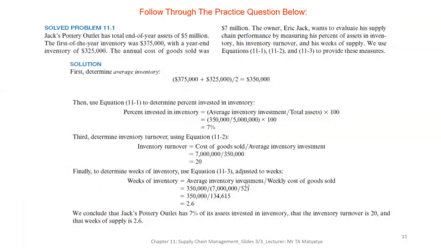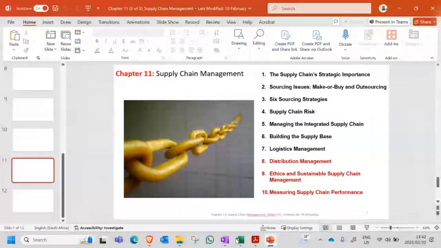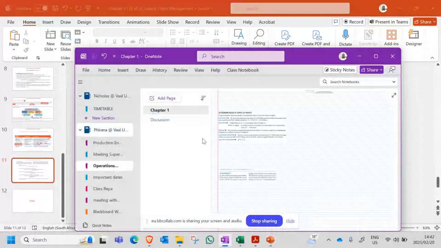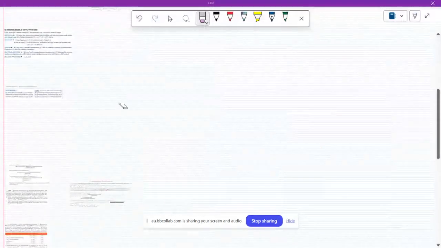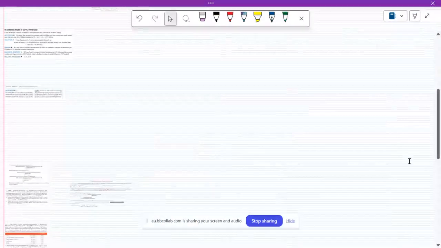So for ease, I need to move to my OneNote and start there with the examples, and I'll end up with problem calculations.